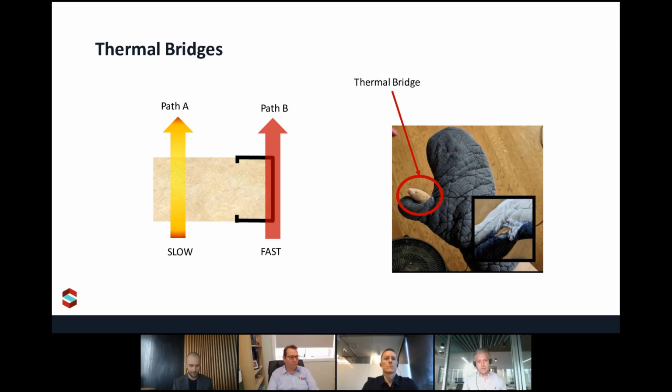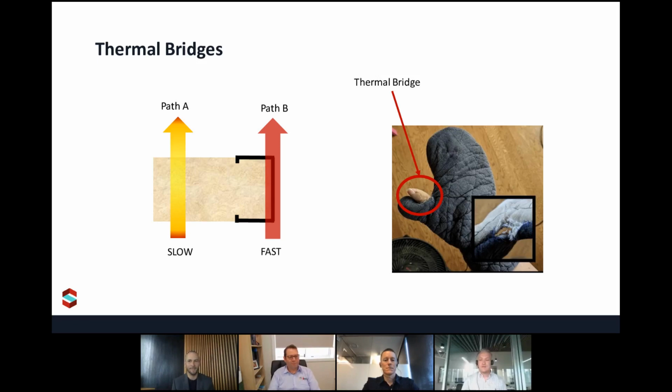And just to the right there, you see a graphic example of what a thermal bridge might be in day-to-day life. So you got a damaged oven mitt, and your fingers protruding through the insulation. If you go and you pick up a hot dish, obviously your finger is going to feel that heat a lot faster than the rest of your hand that's behind the insulation there.